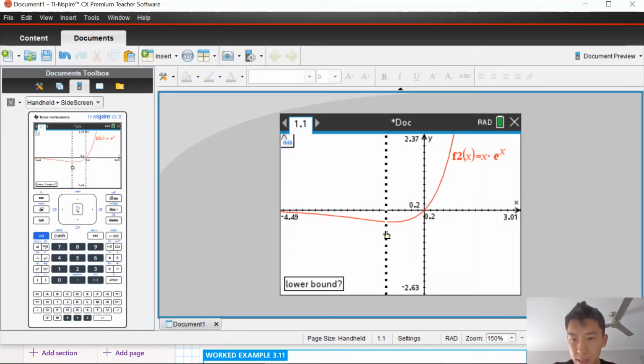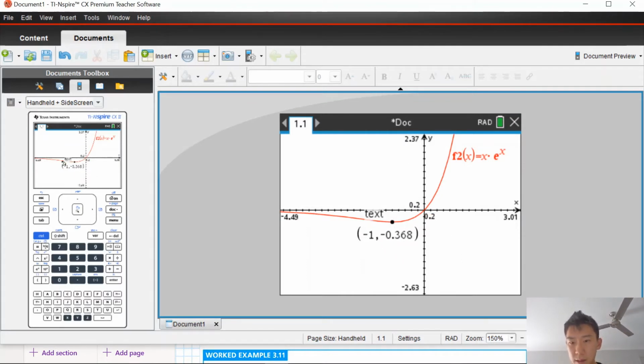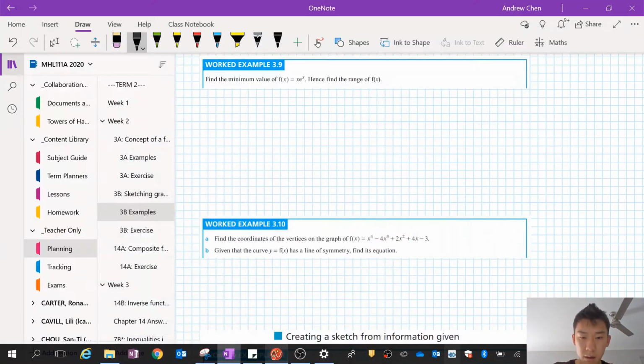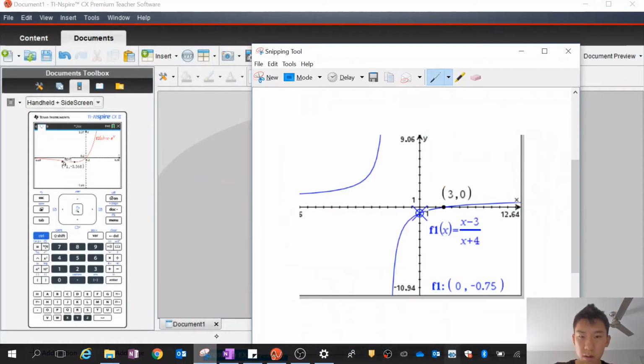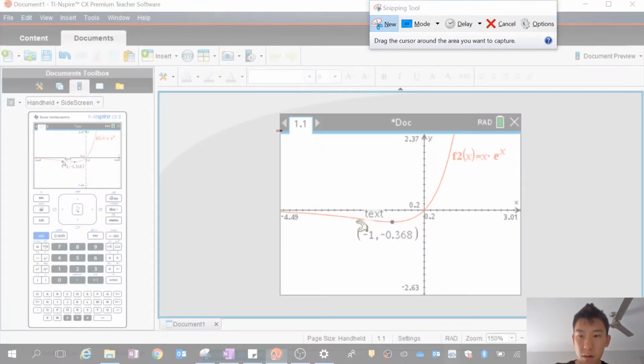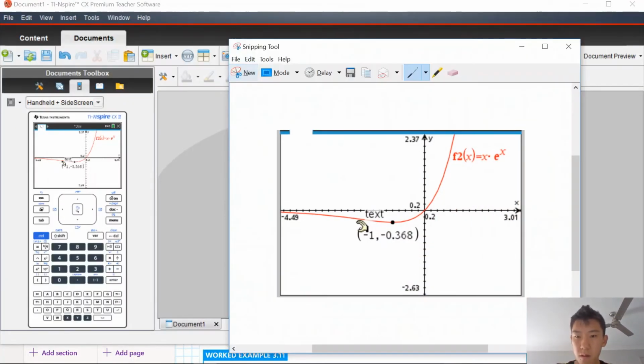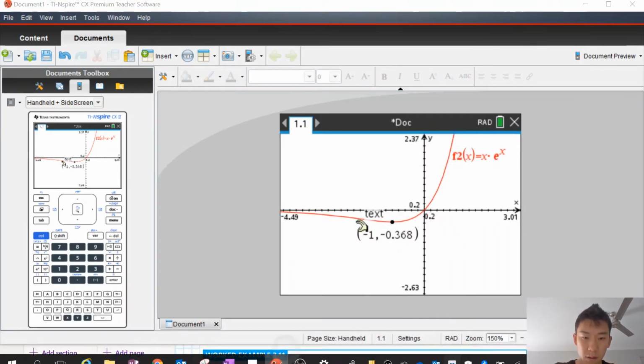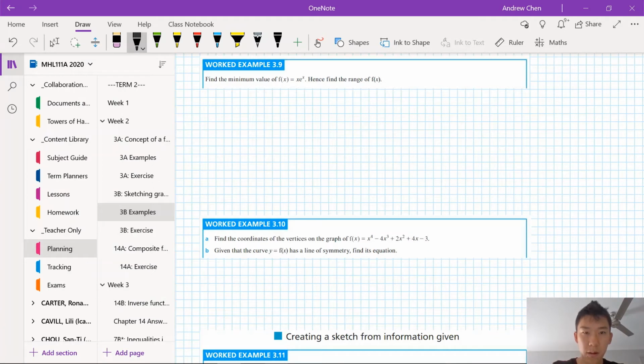We see the minimum is here somewhere, so here we go. Right, we have (-1, -0.368). Let's clip that into our graph.